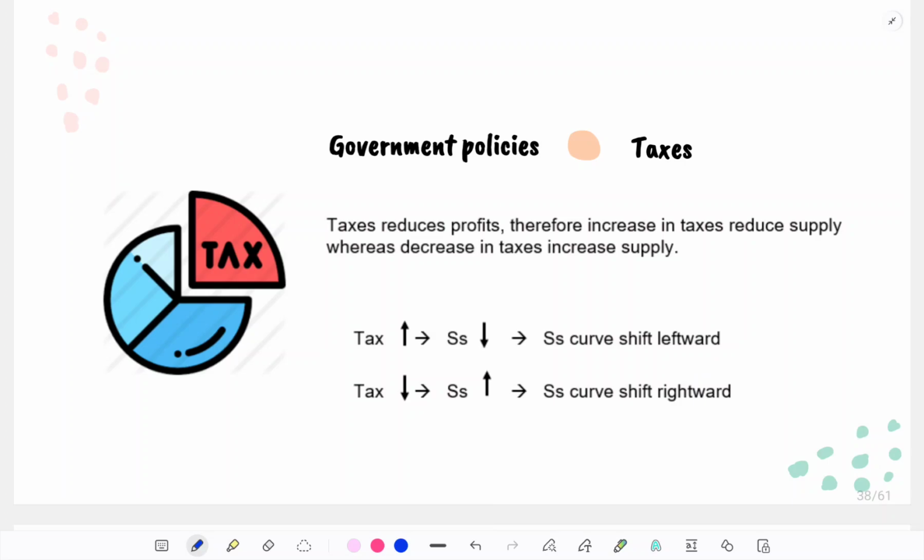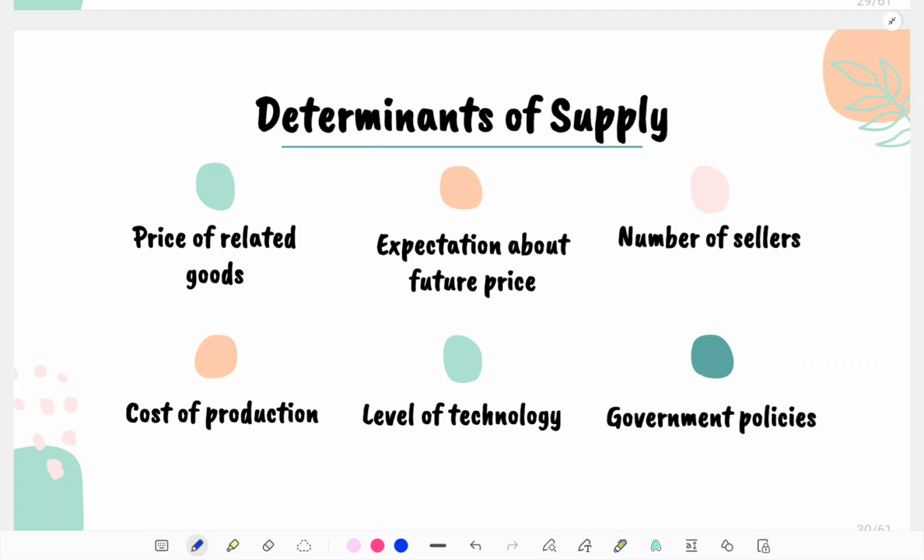So when the government increases the tax rate, it will affect supply directly. If the government reduces tax or eliminates tax, it will help sellers to produce more goods and services. So the supply will increase and the supply curve will shift rightwards.